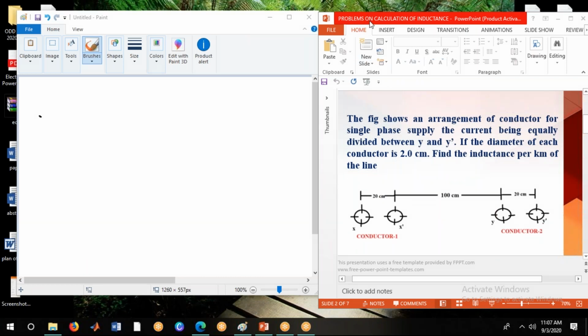So here dm is the square root of n into m, so you get 2 into 2, that is 4. You get the 4th root of the distance from x to y, into x to y dash, then x dash to y and x dash to y dash.